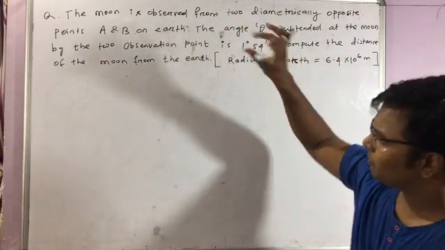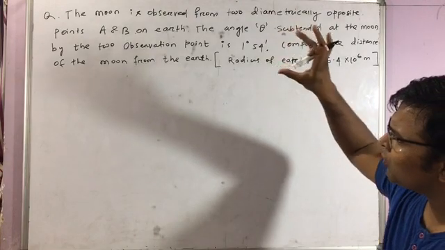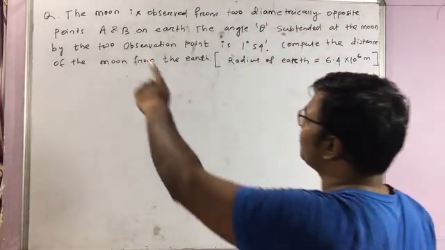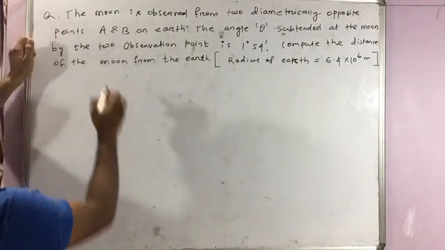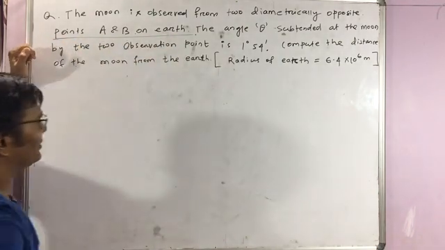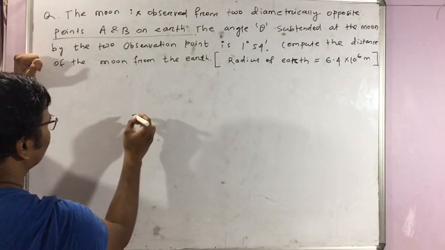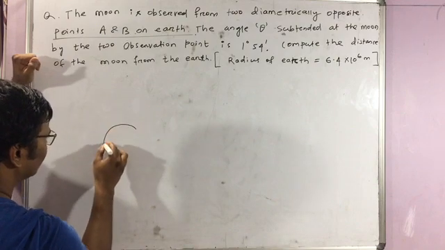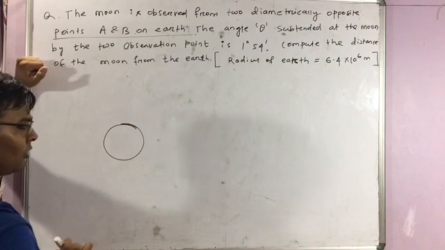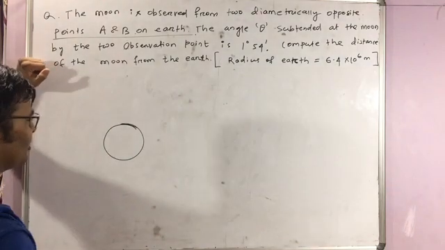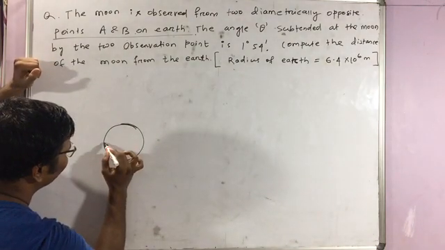So the basic thing is you have to understand the question. Here the moon is observed from two diametrically opposite points A and B on Earth. Got? Suppose this is Earth, and you are observing the moon from two diametrically opposite points. So you draw one diameter.